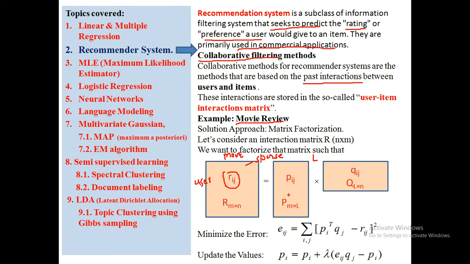So the dimension of P will be M, the number of users, multiplied by the number of latent features, and Q is the number of latent features multiplied by the number of movies.